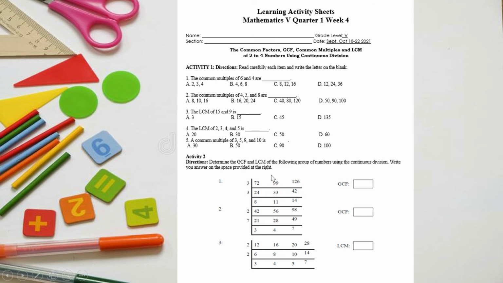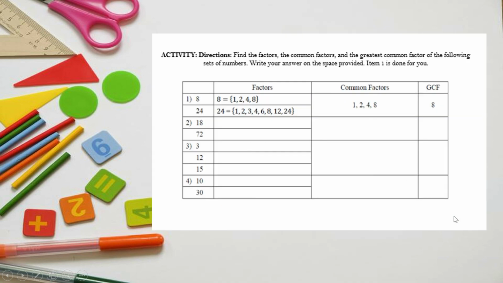So, kung makikita nyo, binigay na yung continuous division. So, kayo na lang po ang magbibigay ng GCF. Binigay na yung process. So, again, yung GCF, ito yung imumultiply nyo pag GCF yung kinukuha. And then, pag LCM naman, itong nasa side at itong nasa baba. Imumultiply nyo silang lahat. So, that is learning activity sheet sa week 4.